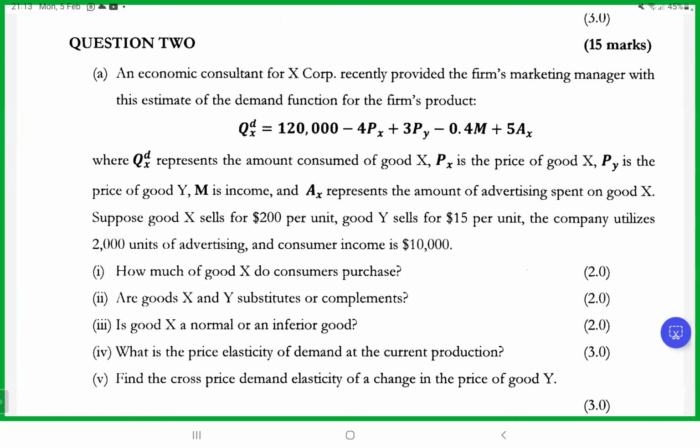Go ahead. I'm saying on my end, I can't see the screen. You can see the screen? Is it the same with everyone, or others can see it?